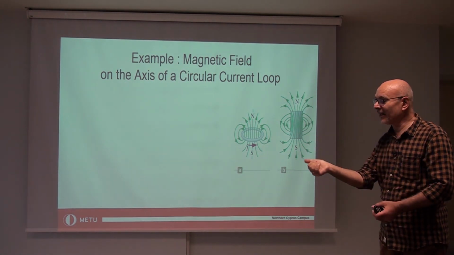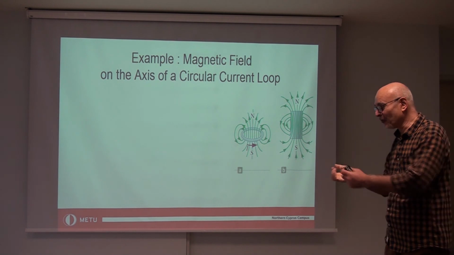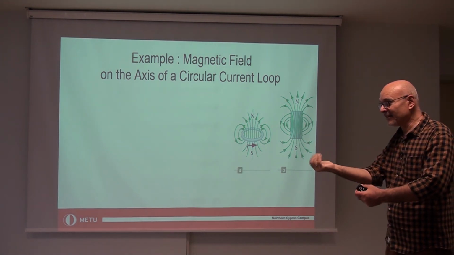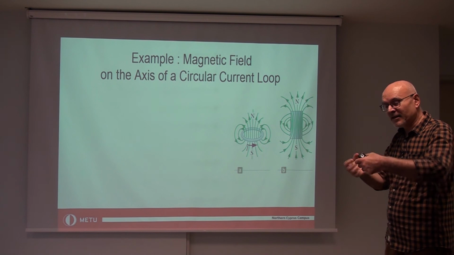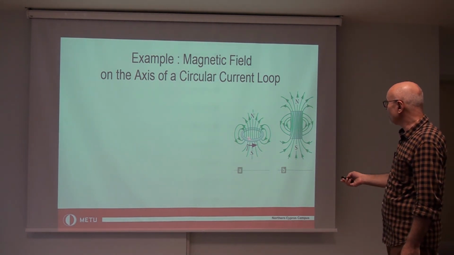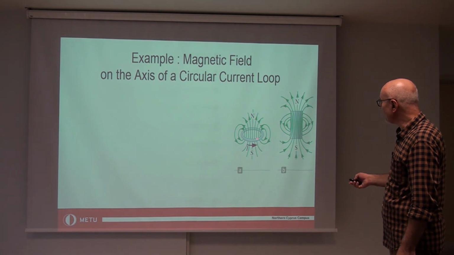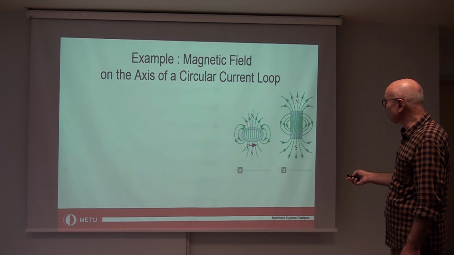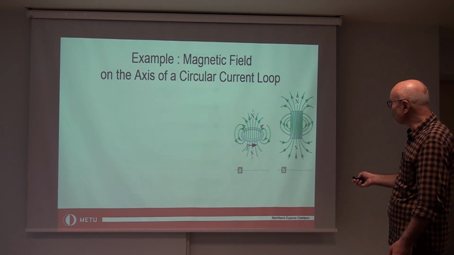So you let your right-hand finger point in the direction of the flow of the current, and these circles, which are circulating this current, will have this arrow on them. And this is how I showed this arrow. So you will have this here, and here at the center there will be just straight lines, and then they will start to curve as parts of a circle as you go off the axis.